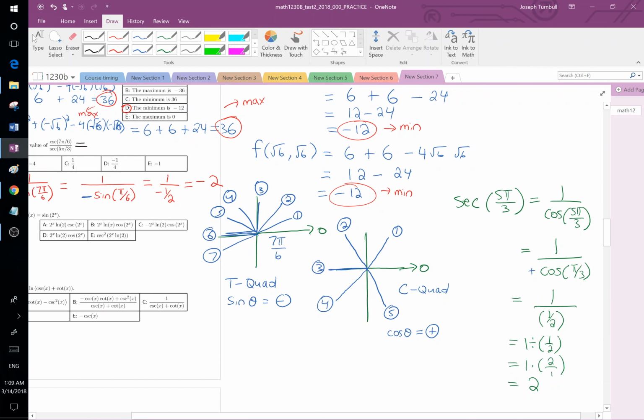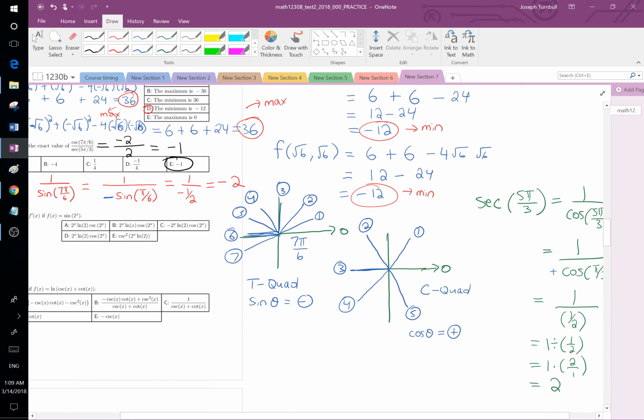So going back up to the top left, we're in this region. Cosecant 7 pi over 6, we found that was negative 2. And secant 5 pi over 3, we found was positive 2. So that gives us negative 1. So E is our answer.